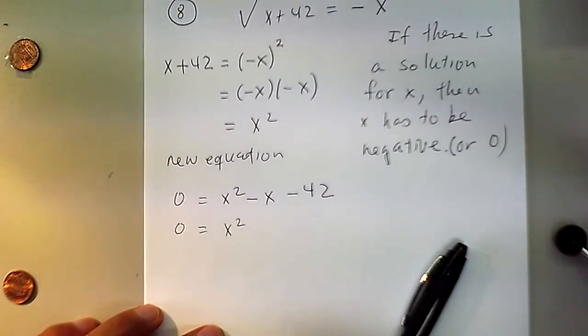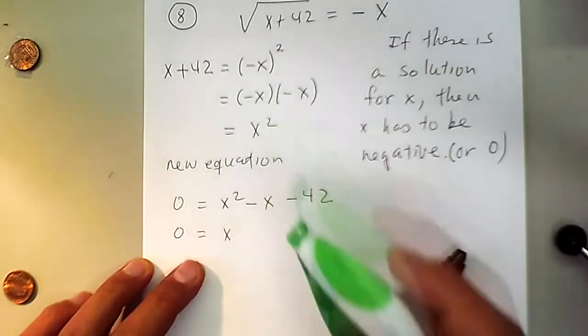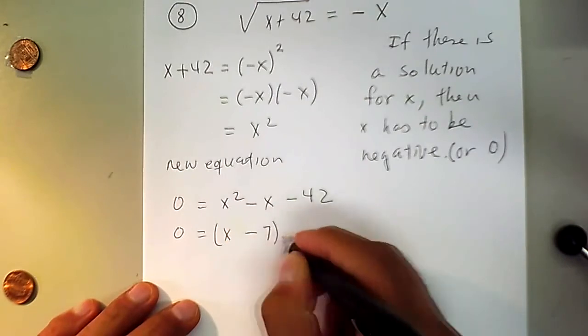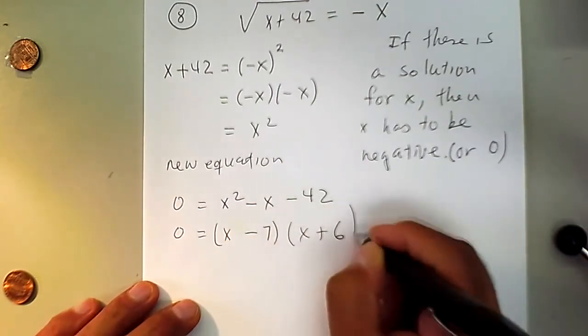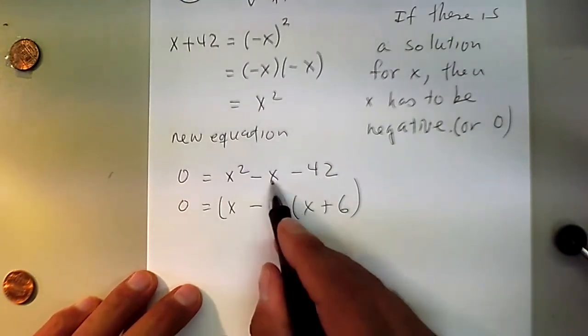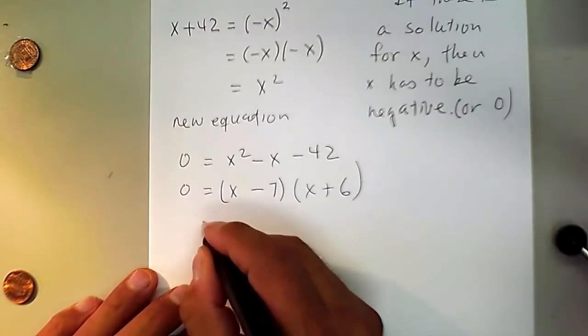We can factor this as x minus 7 times x plus 6. X minus 7, yep, that works because that gives us the negative 1 and the negative 42. So we have 2 solutions.